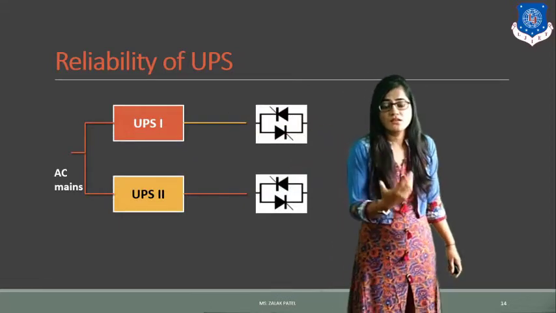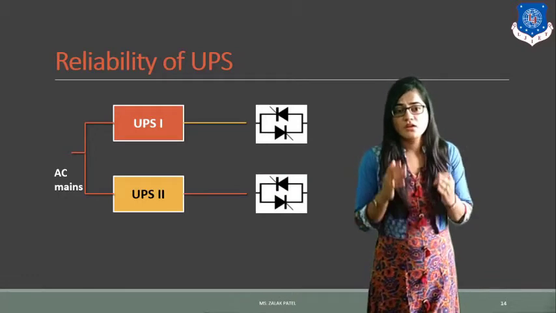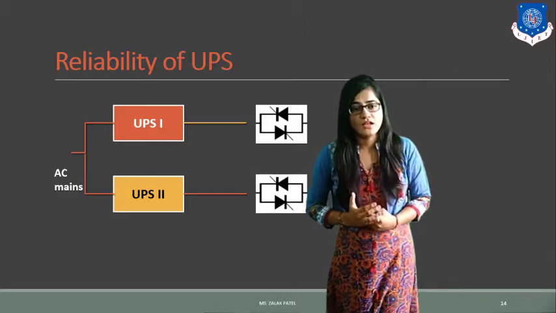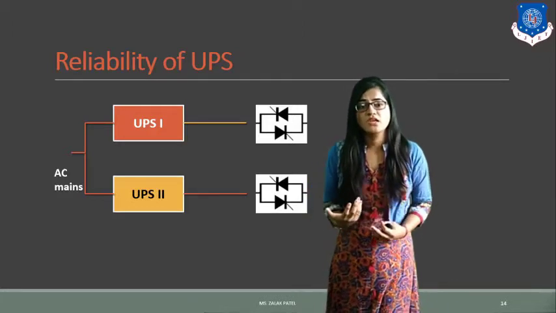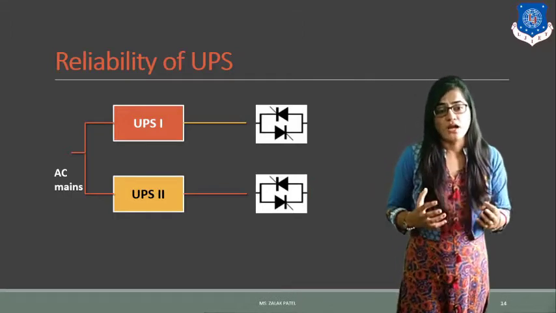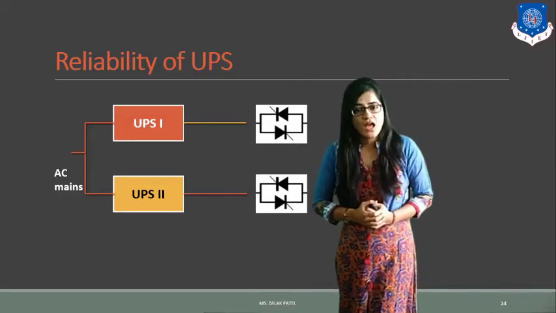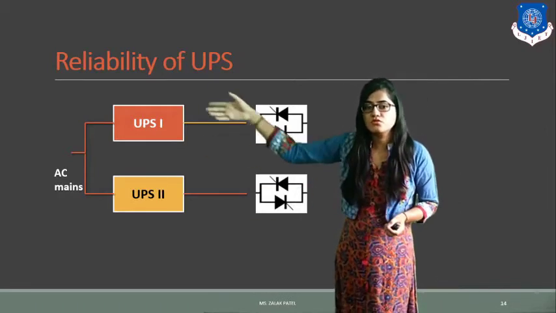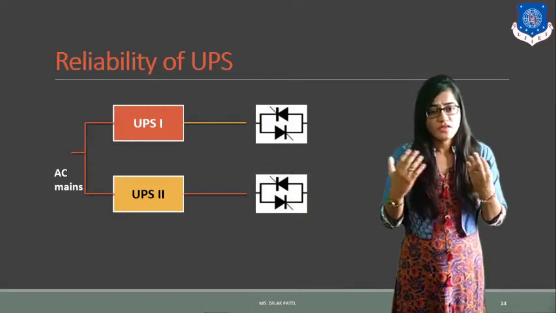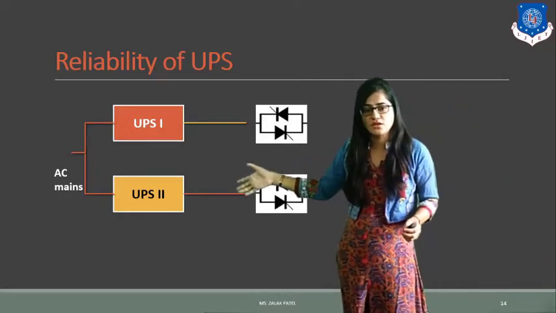The reason for using these two UPS is that if the main system fails and then the UPS also fails, then in an intensive care unit it would be difficult to handle the situation. So to get better reliability, one can use two UPS, means even if the mains is cut off or one UPS cannot work for some reason, there is the option of the other UPS.